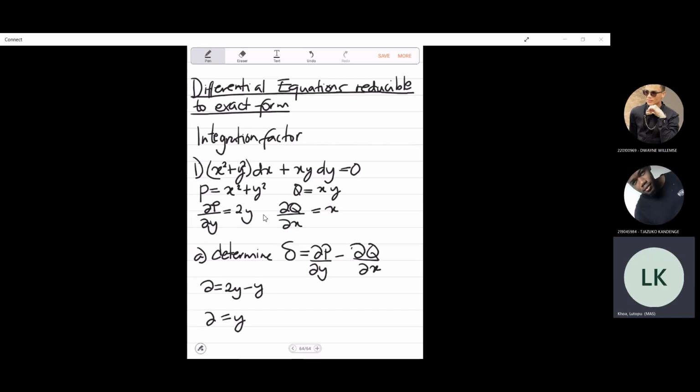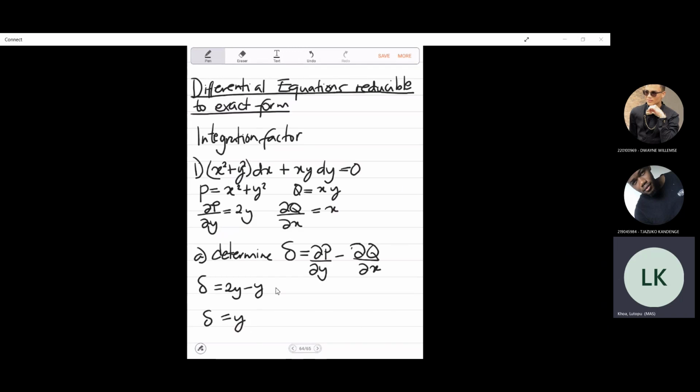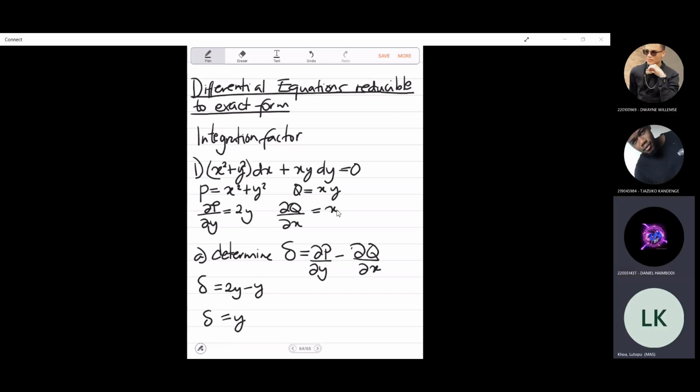Now, the second step, after you determine delta, is to divide delta by Q. So step 2: determine delta divided by Q. Here my delta is y, and I'm going to divide it by Q, which is xy.